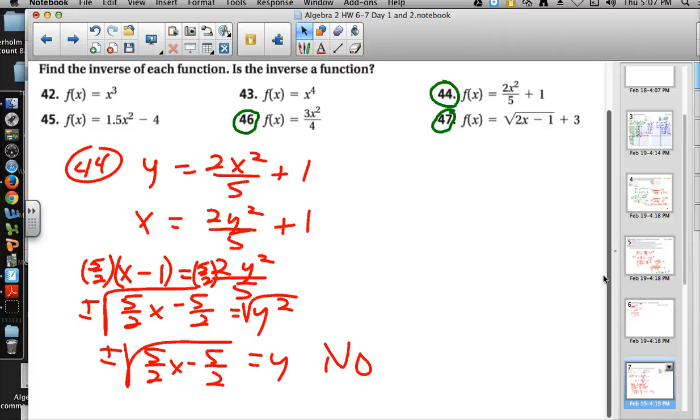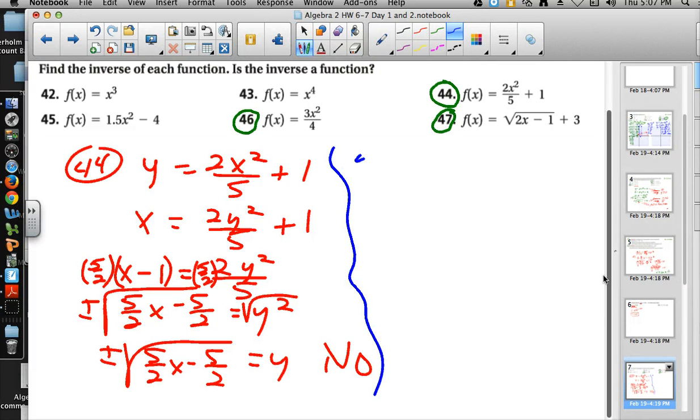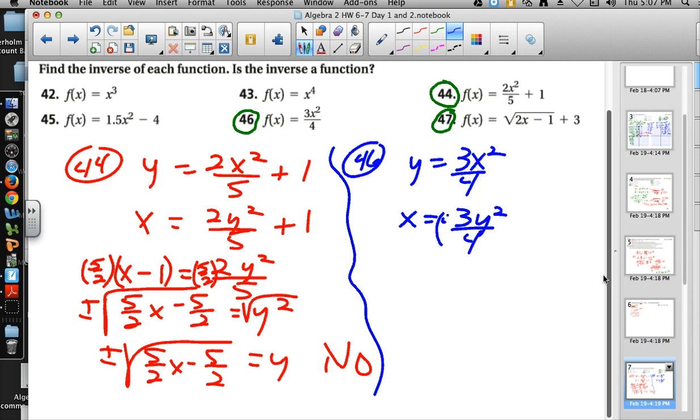Number 46. Y equals 3x squared over 4. Switch the x and the y. And then again, 1 or 2 steps here. I'm going to go ahead and do it in 1 and multiply both sides by 4/3. So 4x over 3 equals y squared, or 4/3 x. It doesn't make any difference.